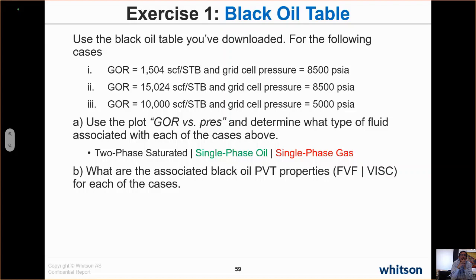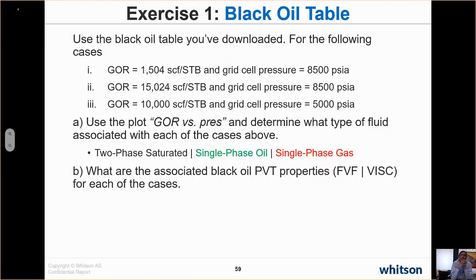And then we have a case with a GOR of 10,000 scf per barrel and a grid cell pressure of 5,000 psi. In the first part of the exercise, you should use the GOR versus pressure plot and determine what type of fluid is associated with each of the cases above.